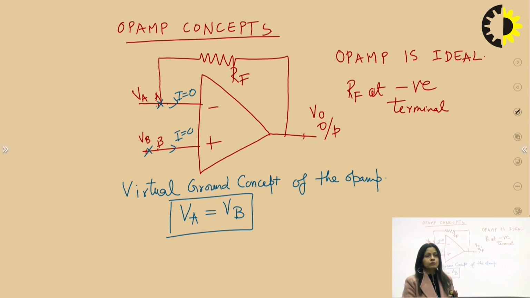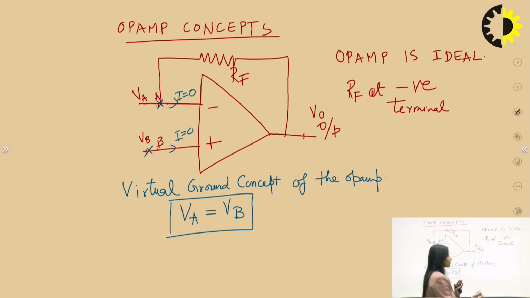So this is a very important concept, that there is no current which is going to enter into the circuit of the op-amp. So here, if there is no current, then whatever current is coming from VA or A point will go directly to my feedback resistance. This is important.